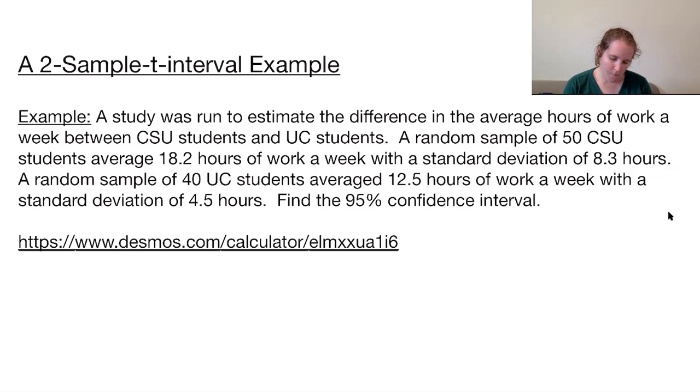So our goal, we're trying to estimate the difference in the average hours of work between CSU students and UC students. So this is an estimation question. We're doing a confidence interval, which we also have listed down here.